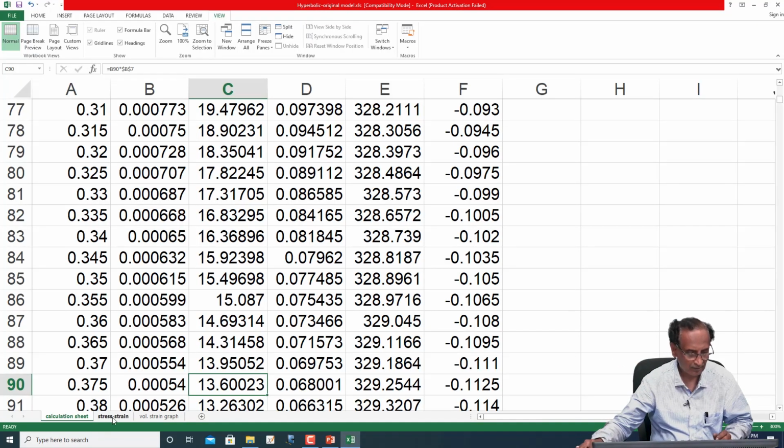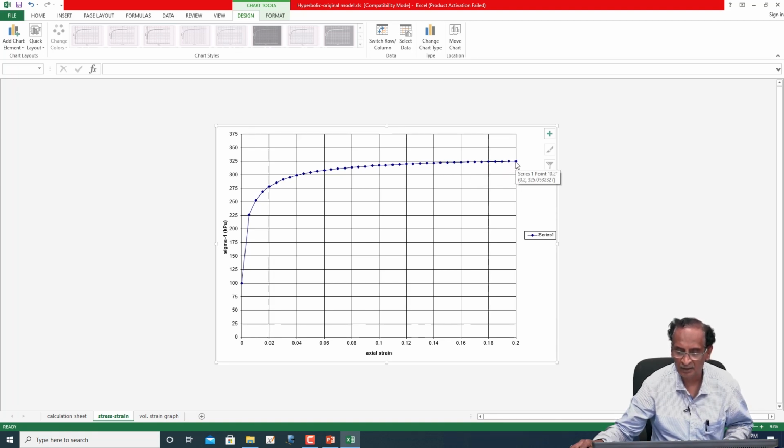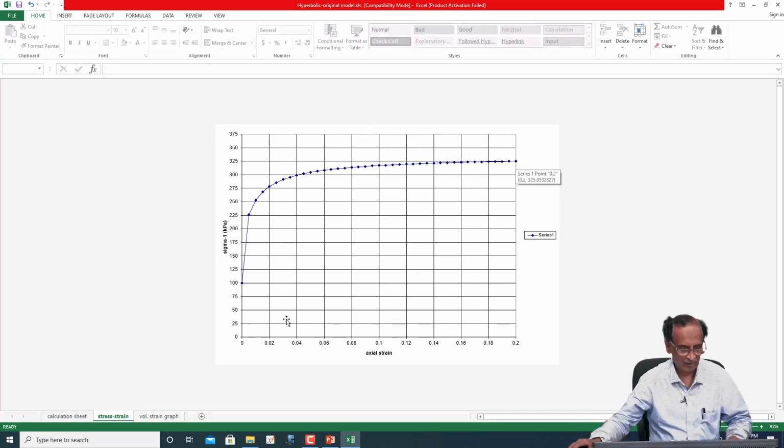Like for example, if I look at the stress strain equation, initially it is increasing very fast, but beyond that the shear stress is increasing very gradually, and it has gone up to about 325, that is still below our yield limit.